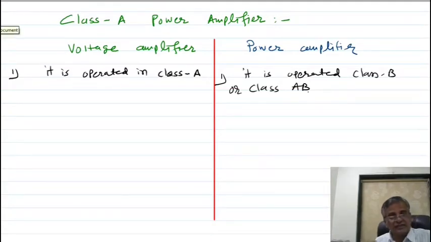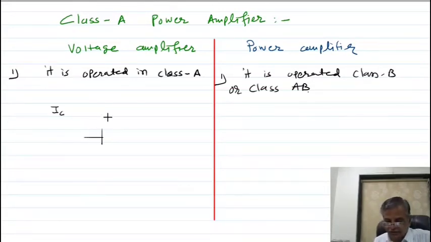In a class A mode, I am telling you, the collector current flows for both halves of the AC input cycle.